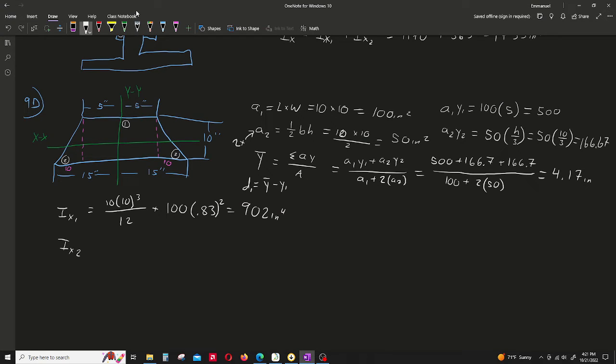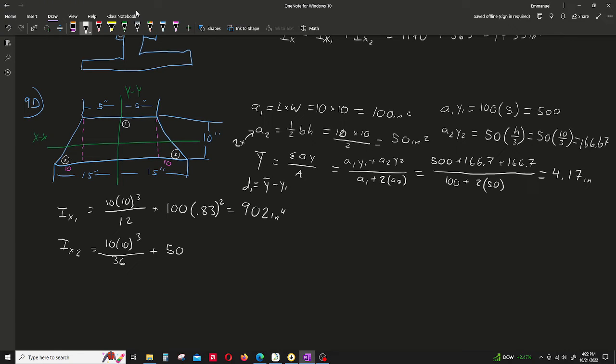Ix2 is equal to 10 times 10 again to the 3rd power divided by 36, plus again AD squared, which our A was 50.